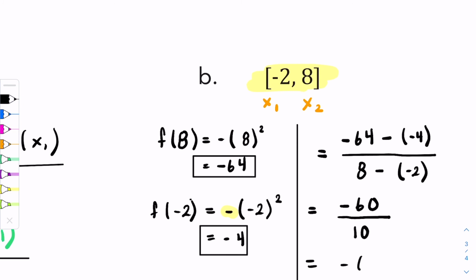This simplifies to -6. -6 is your final answer. That is the average rate of change between -2 and 8 when using the function f of x is equal to -x squared.